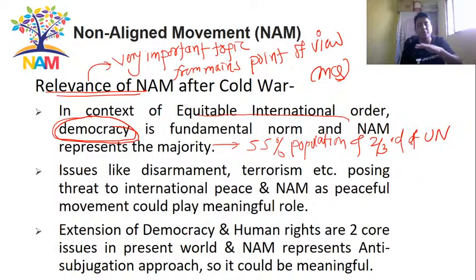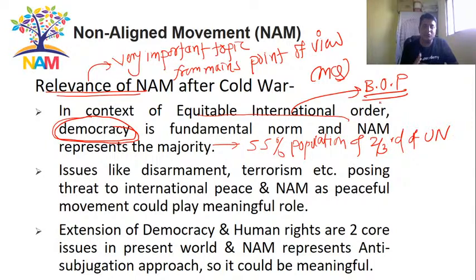Hence, in order to maintain the international order, in other words, BOP, balance of power, democracy is required. If dictatorship or monarchy is there, they are going to follow a policy of expansion, and it is a threat for the world.